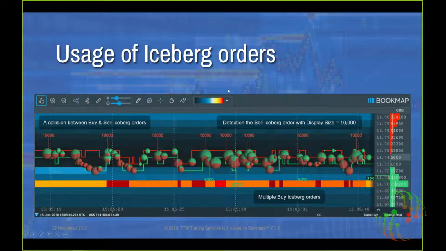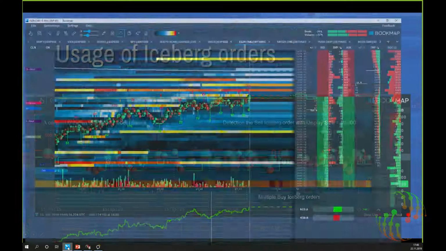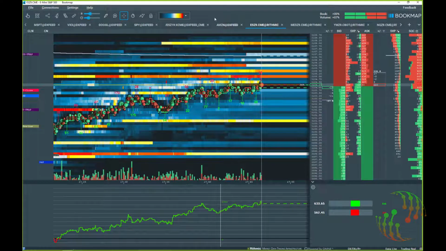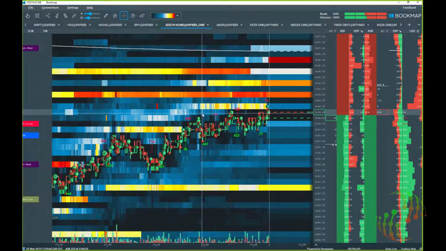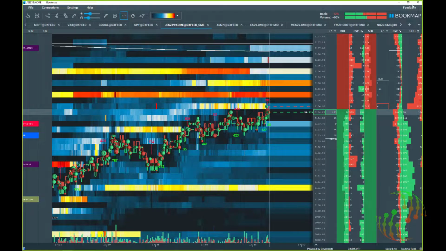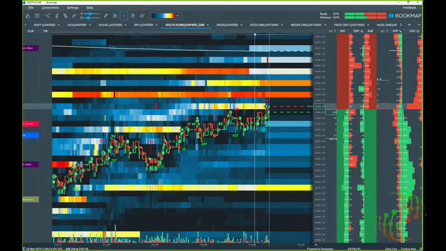From my point of view, it's really hard to spot what is really going on here. And that's the second disadvantage: I have different numbers with Rithmic and different numbers with the DX feed. If you are using other data providers, you will have other numbers as well. So which number is reliable? What is the right number?